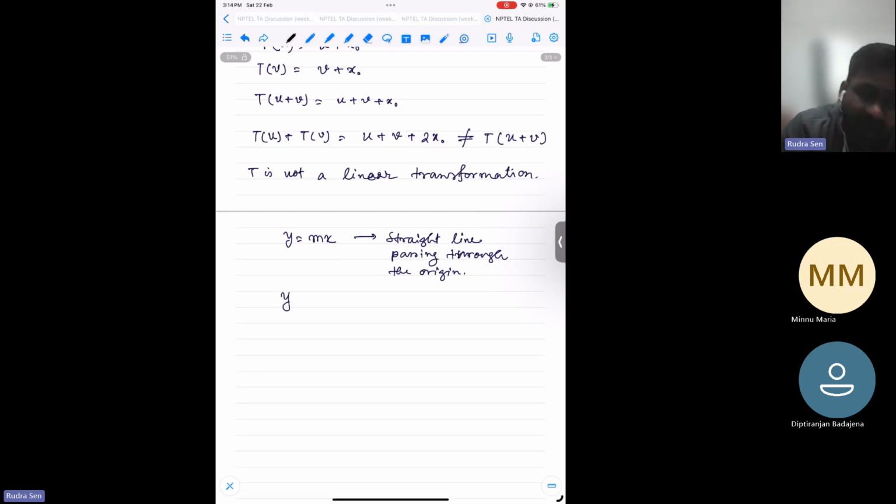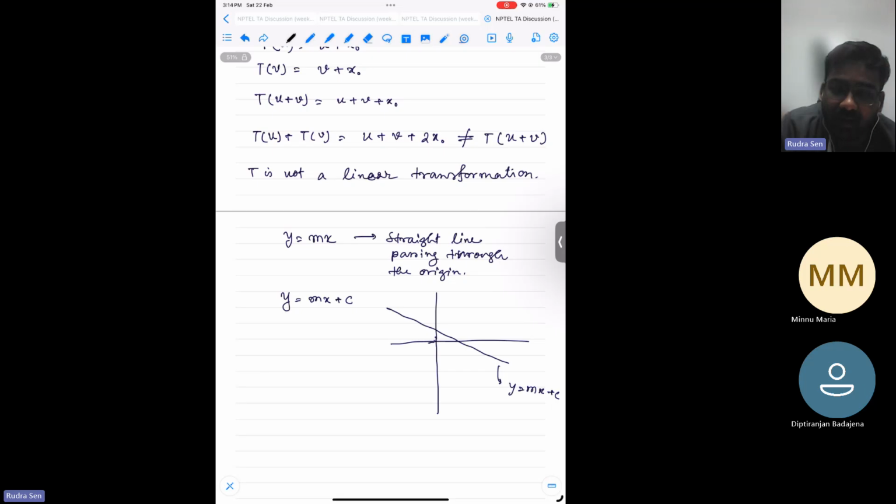But if we add an affine term to this system, y equals mx plus c, this is also a straight line, but it does not pass through the origin. It is basically a shifted version. If I draw this, mx plus c depends on the value of c, positive or negative.